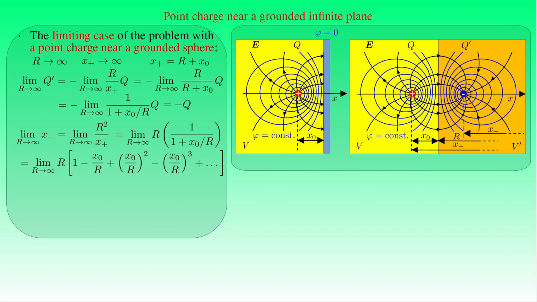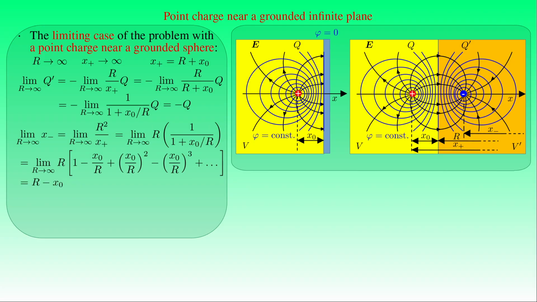Then we have R times the alternating sum of 1, x naught over R, x naught over R squared, x naught over R cubed and so on. If we multiply each term in the infinite sum by R, then all the terms vanish as R tends to infinity, except the first two terms, which gives R minus R times x naught over R, that is R minus x naught.